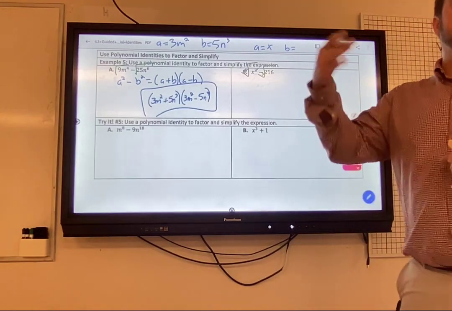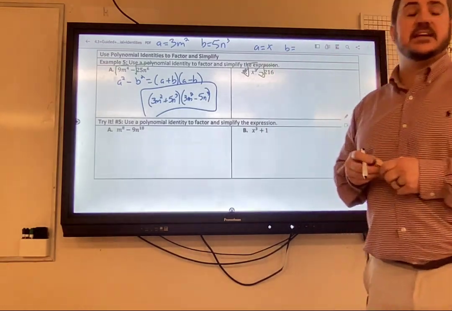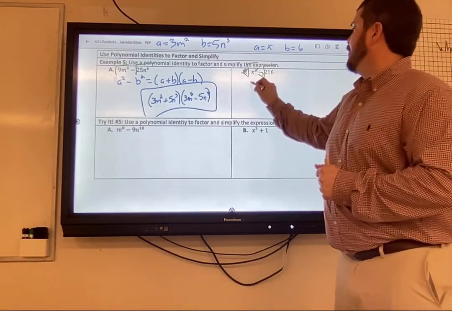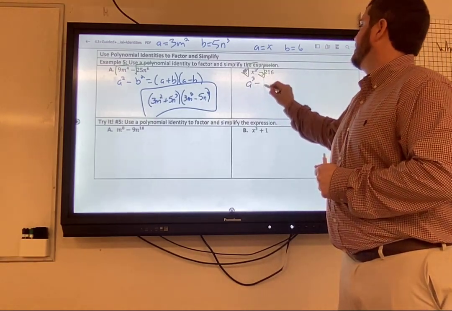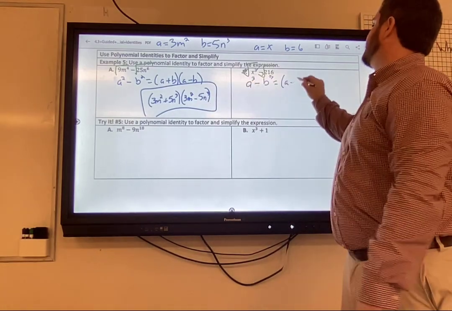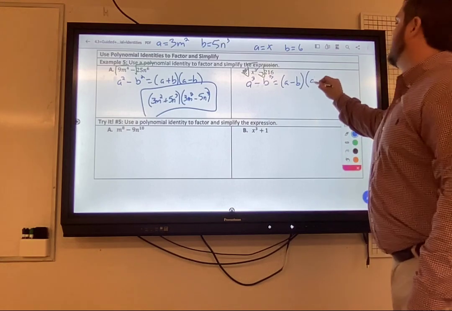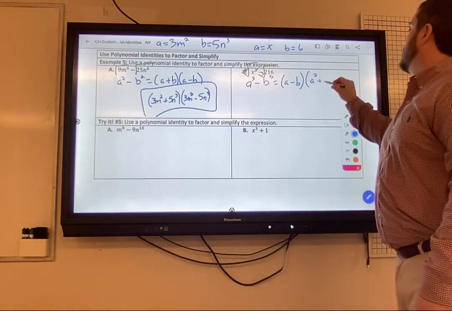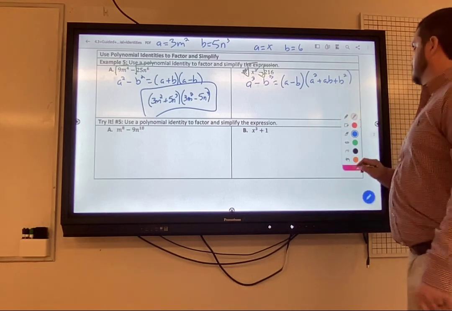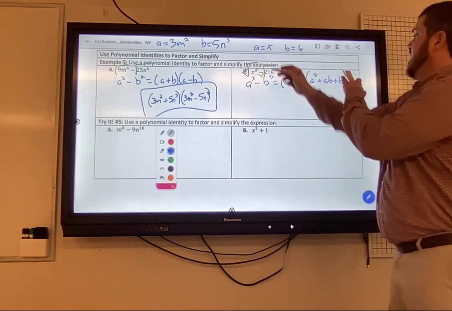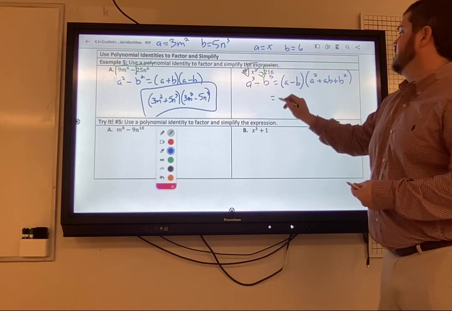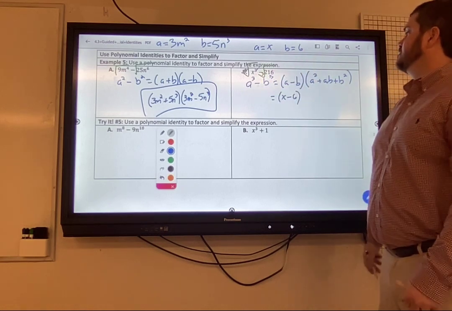That means what number times itself 3 times will give you 216? And it's 6. So for that identity, it's just right over there. It says a minus b times a squared plus ab plus b squared. We just found A is x and B is 6. So just x minus 6.